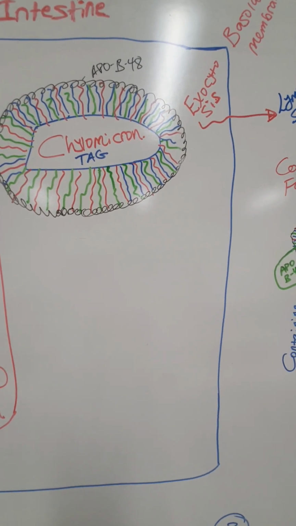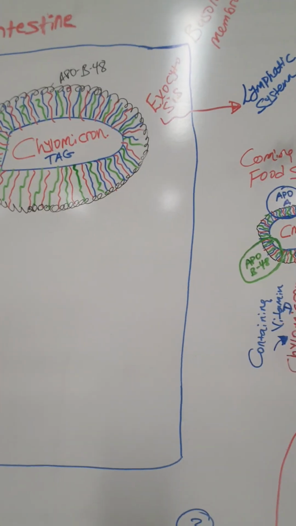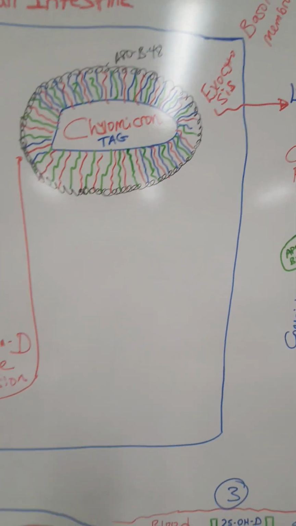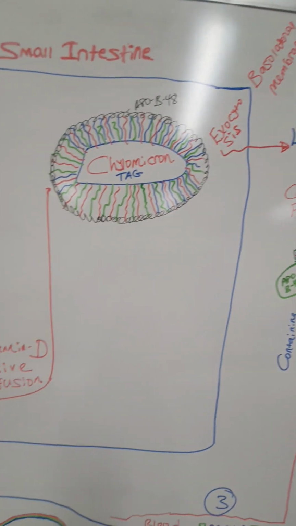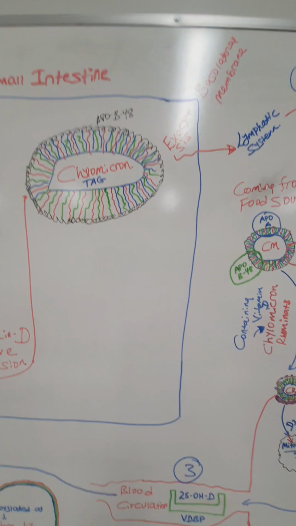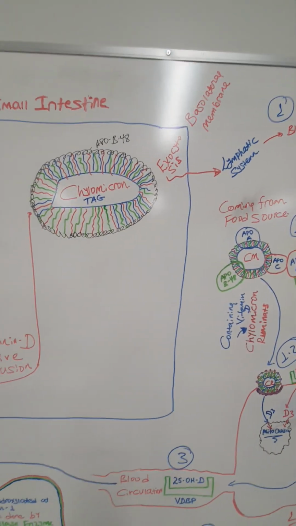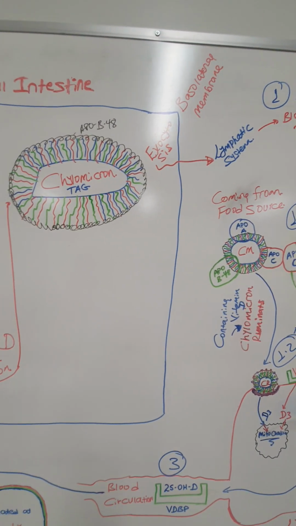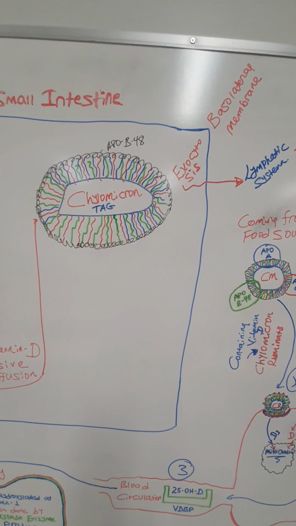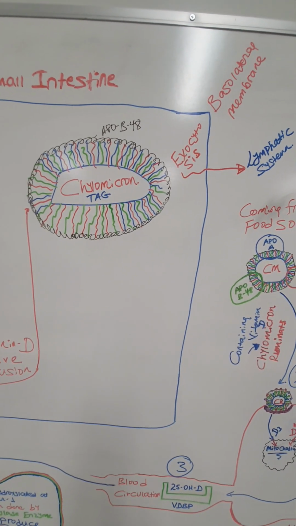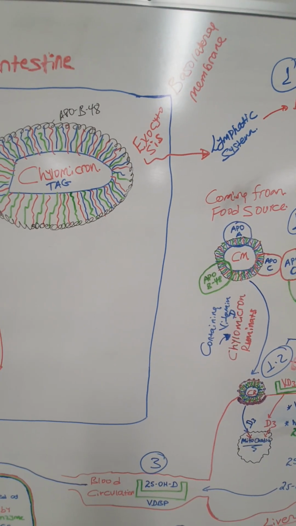On the hydrophilic, water-loving side, the chylomicron has the ability to be transported through the lymphatic system. Unlike other nutrients, chylomicrons do not go directly into the liver through the hepatic portal vein. Rather, they pass by exocytosis through the basolateral membrane and join the lymphatic system.